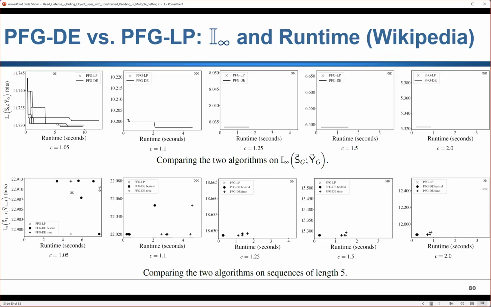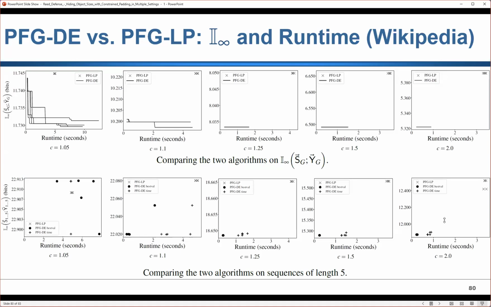However, there are instances such as the Wikipedia data set here where, even for these scales, we see that the differential evolution variant is performing much better than the LP.